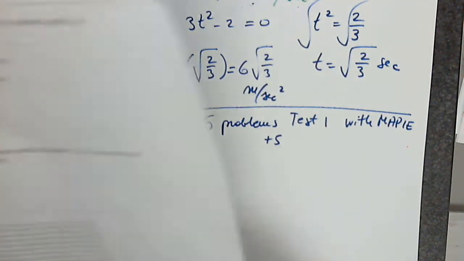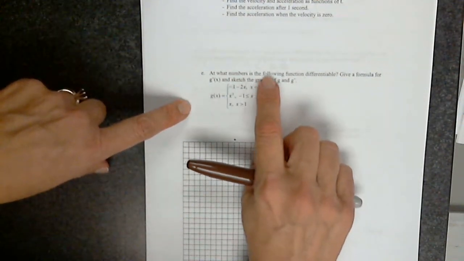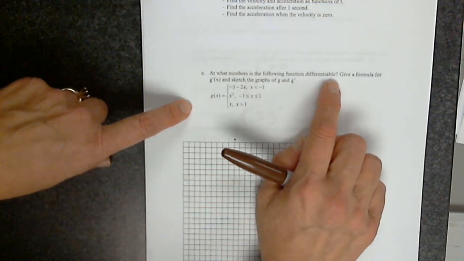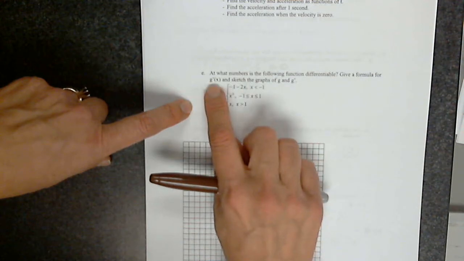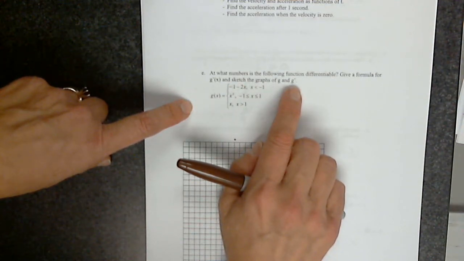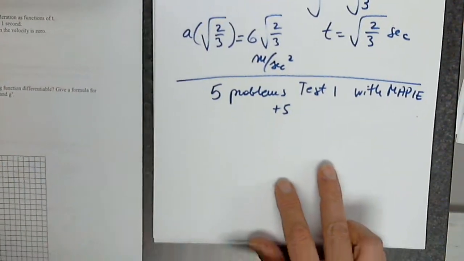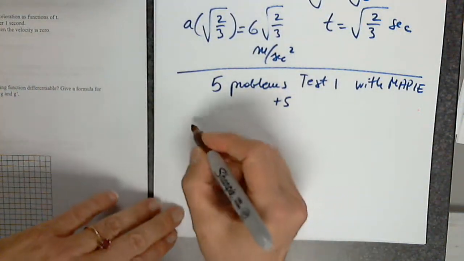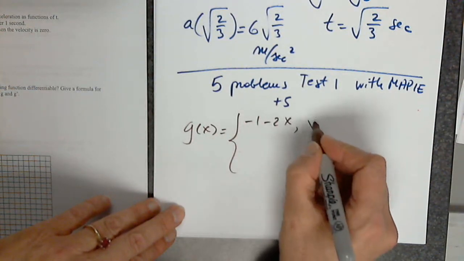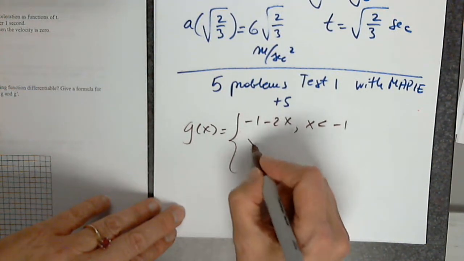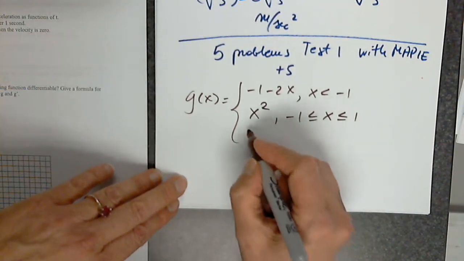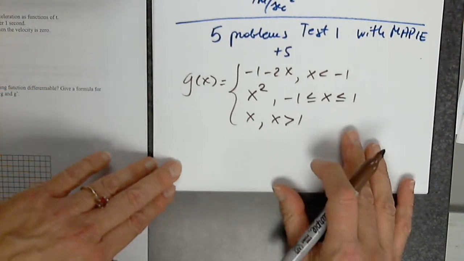Okay, so let's go back. At what numbers is the following function differentiable or not differentiable? Give a formula for g prime and sketch the graphs of g and g prime. So we have a function g of x, -1 minus 2x for x less than -1, x squared for x between -1 and 1, and x for x greater than 1.